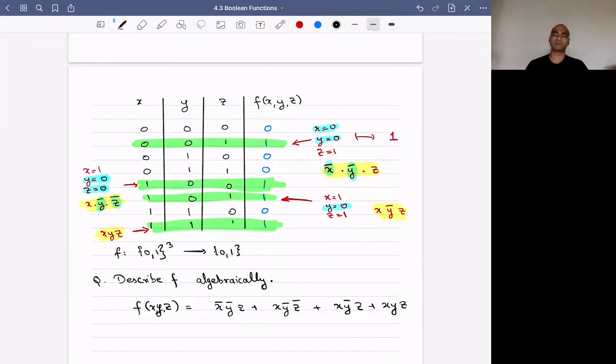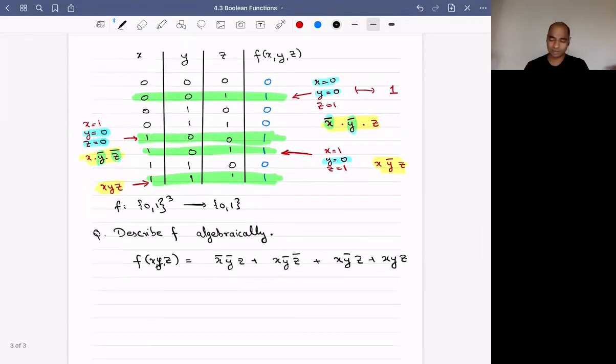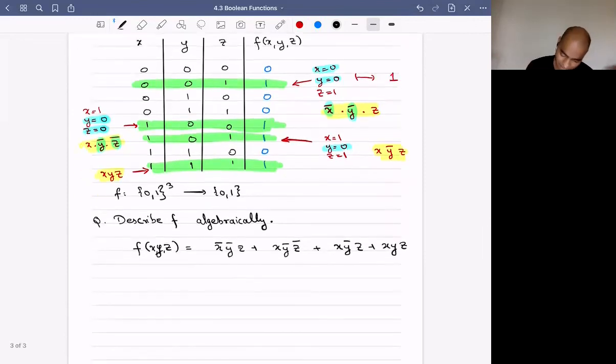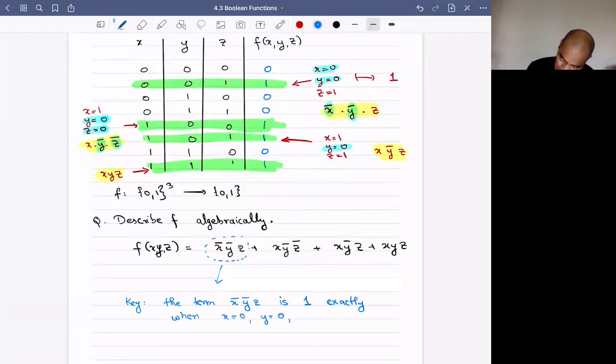What is happening? So how is this process working? So the key is, let's focus on this term, x bar y bar z. It is 1 exactly when x is 0, y is 0, and z is 1.